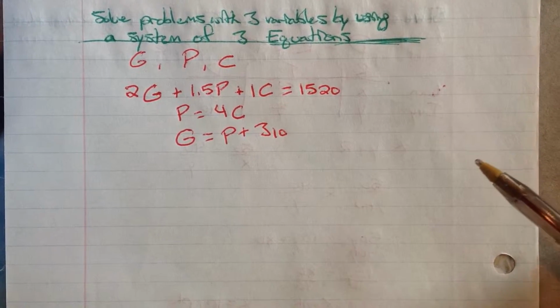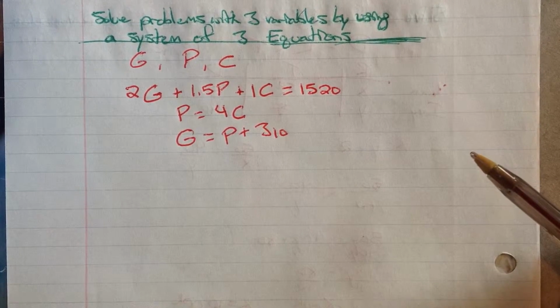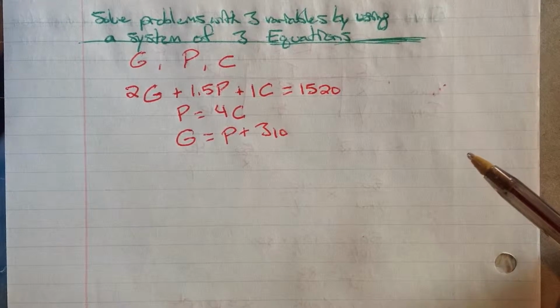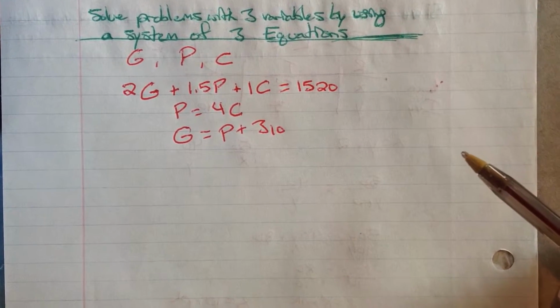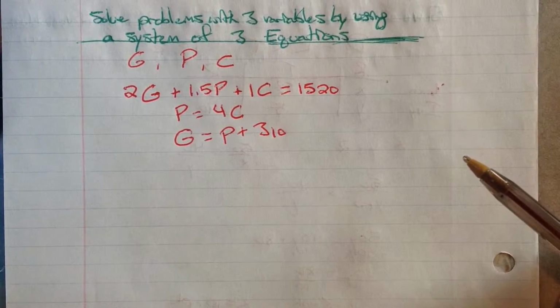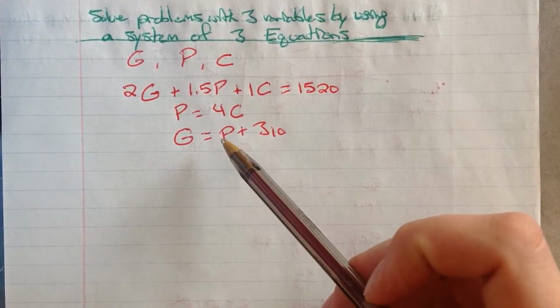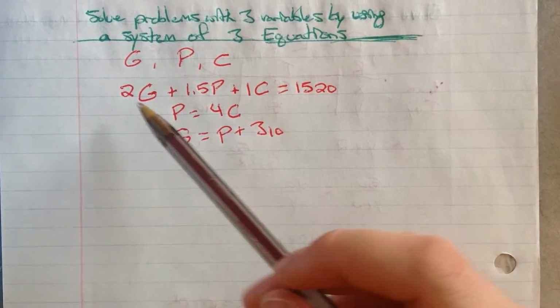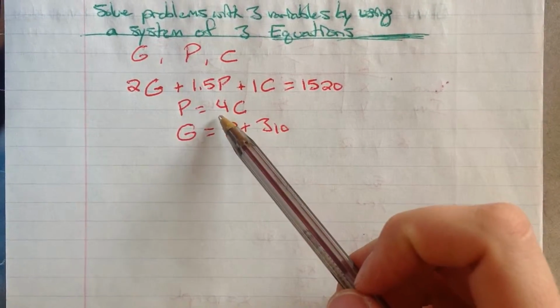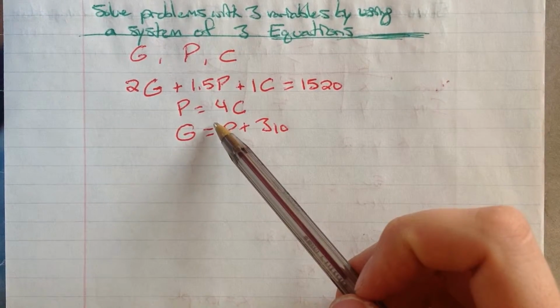But notice something. Both of these equations are solved. They all have this p in them. So we can eliminate and get this equation up here all in terms of p.